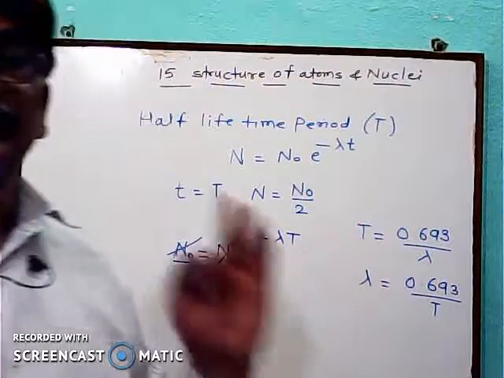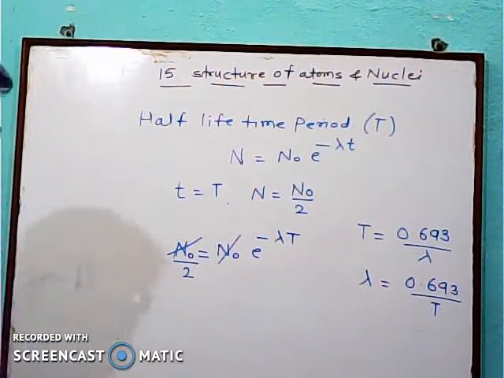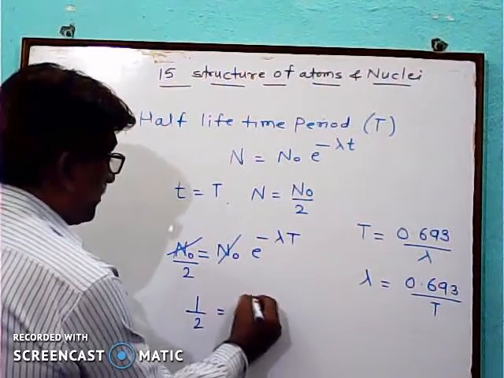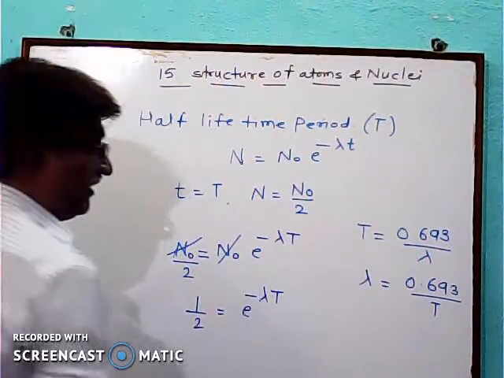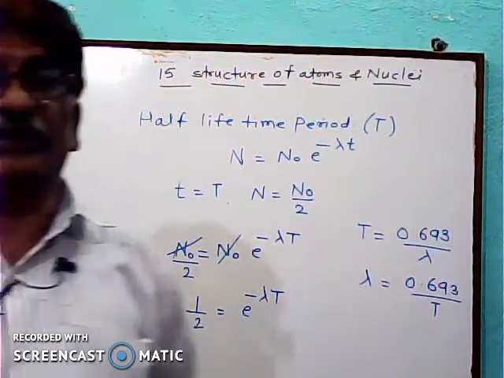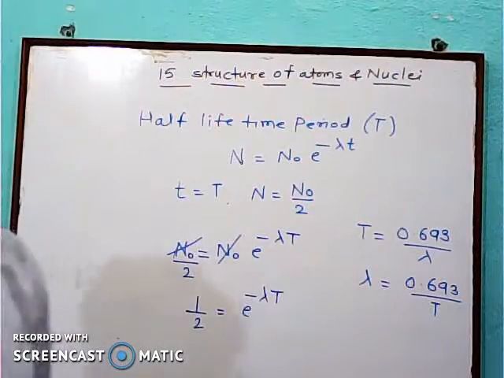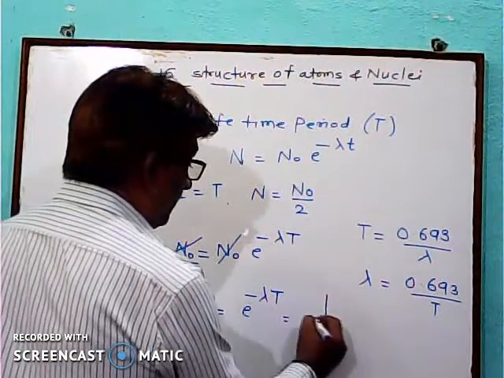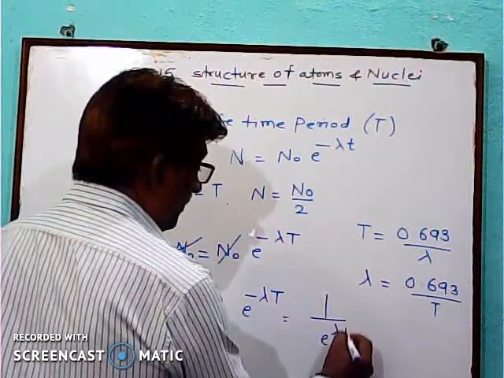When N0 cancels, the equation becomes half equal to e raised to minus lambda capital T, which is 1 upon e raised to lambda capital T.